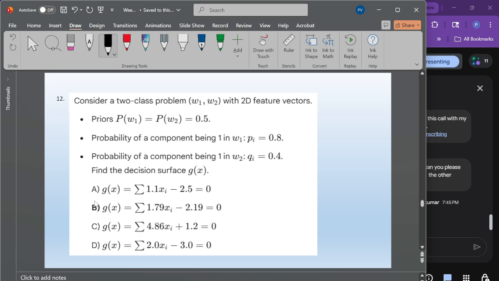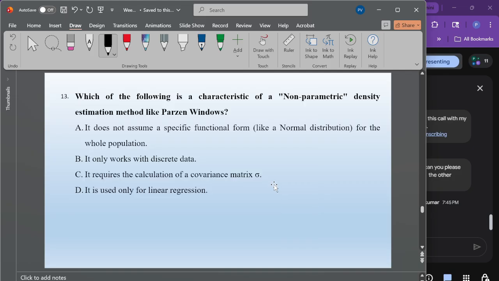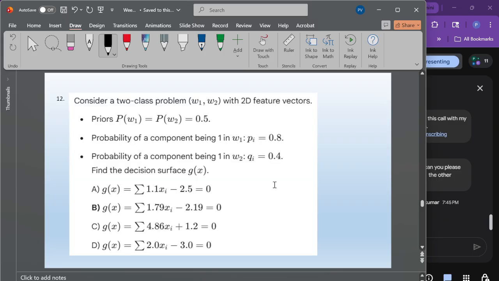They are asking us to find the decision surface g of x. So how can we find the decision surface? Anyone, any idea?